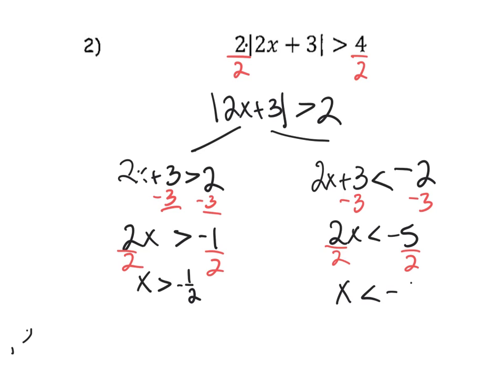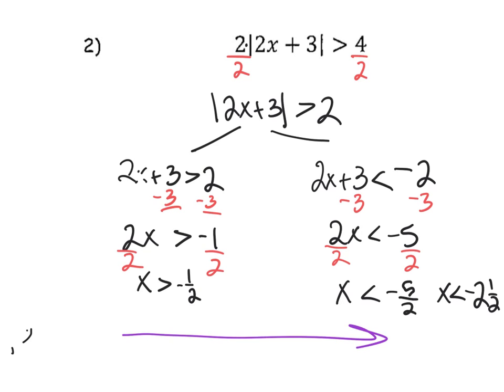X is less than -5/2, but that's also -2.5. So on my number line, let's make this -1/2 and -2.5. X is greater than -1/2. X is less than -2.5. So this is an "or" equation. One way or another, right?